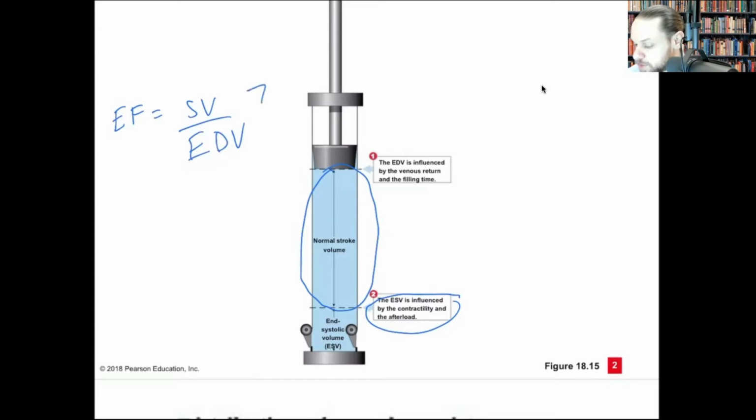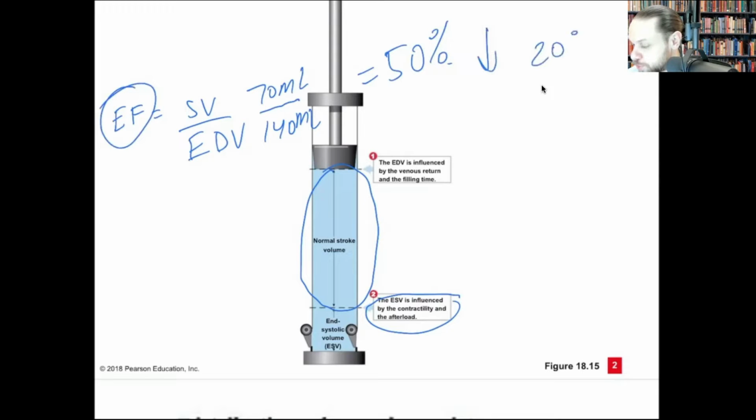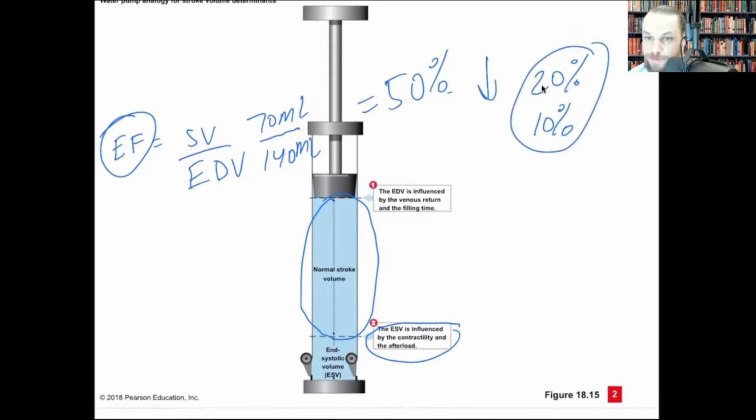Roughly speaking, 70 ml over 140 ml, about 50%. If your ejection fraction drops precipitously to like 20%, 10%, this is where you get placed on an LVAD, left ventricular assist device, and you possibly become a candidate for a heart replacement.